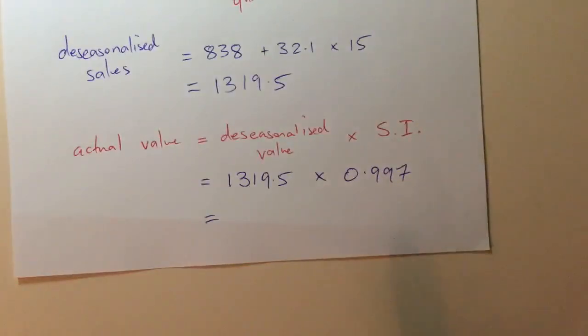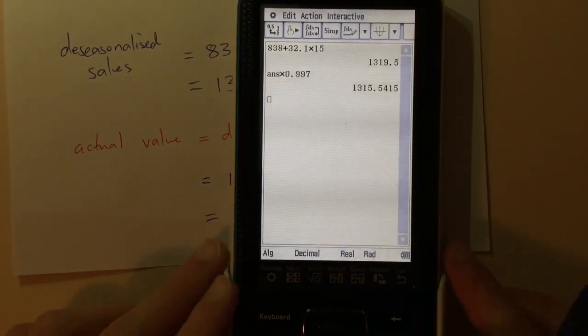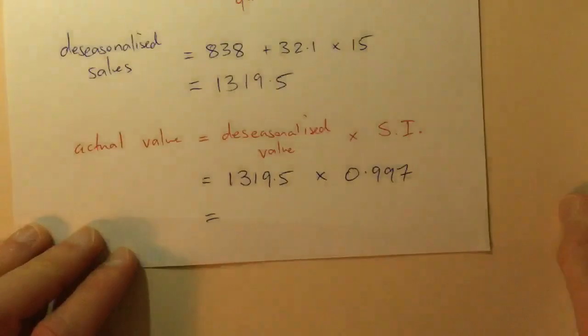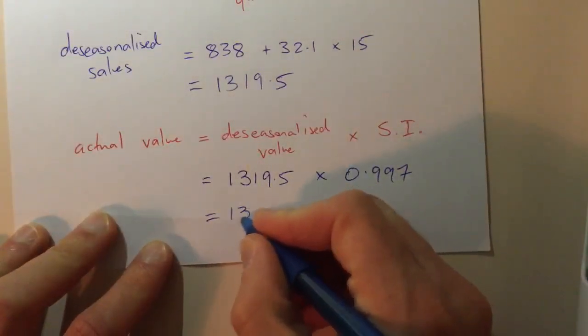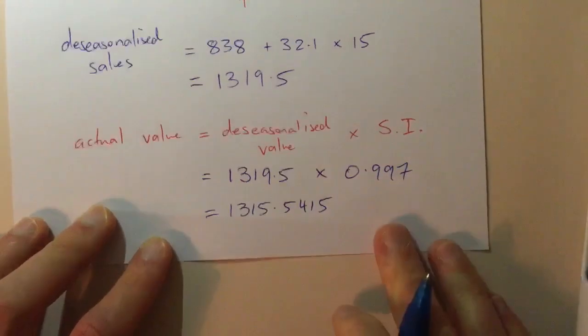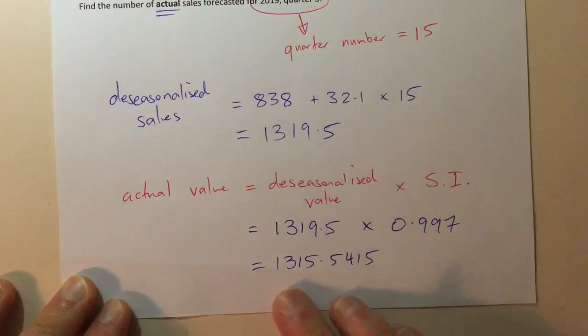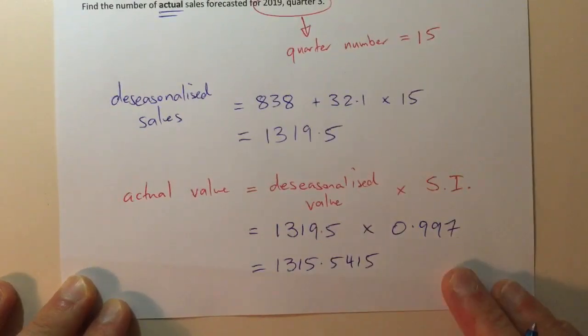And that will equal, just going to take this answer and multiply by 0.997. That's going to give me 1315.54, well, 0.5415 to be really precise. The question's probably not well written, and I apologize for that. It should probably tell us whether to round to the nearest whole number or not.